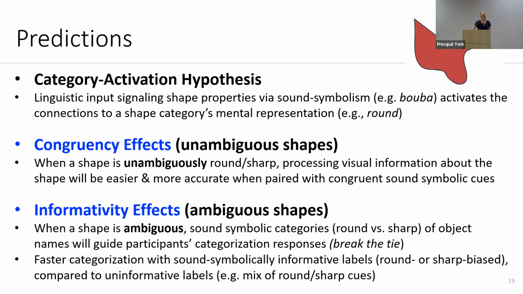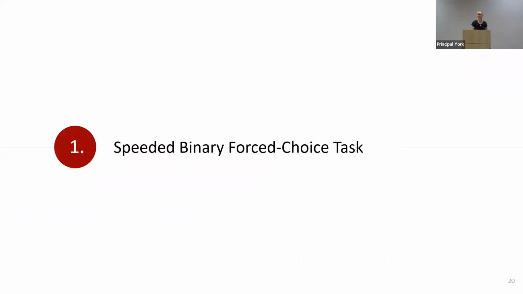We also predict that categorization should be faster when you have informative labels cueing either sharpness or roundness, than if we have uninformative labels, like mixed phonemes or no labels. So in essence, congruency effects for unambiguous shapes and informativity effects for ambiguous shapes. Informative labels should nudge you in the right direction with ambiguous shapes, especially in a categorization task. So let's see what happens.